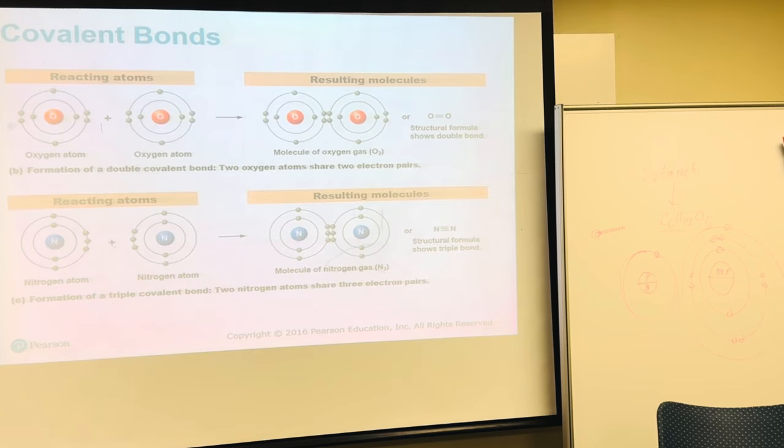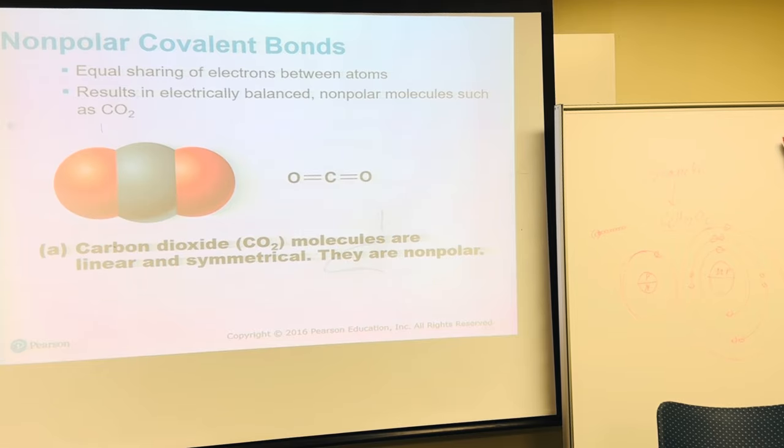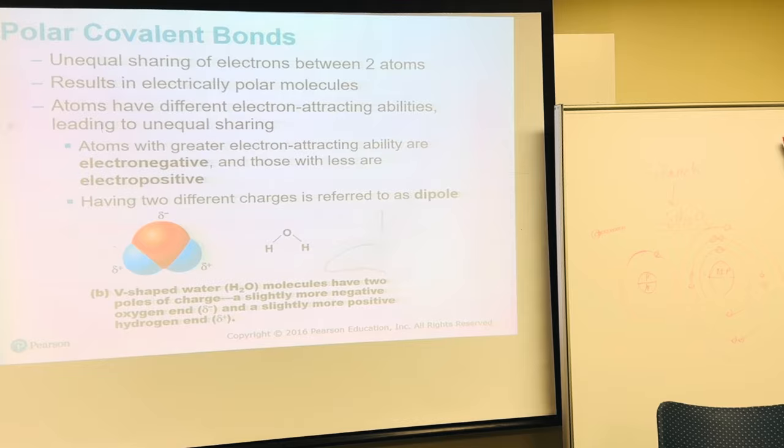However, if you think about these, oxygen and oxygen can also make a bond, that is also happy sharing. Nitrogen and nitrogen can also make bonds, that is also what? Happy sharing. This carbon dioxide is also happy sharing, they are equally sharing the what? Electrons. Okay, now let's talk about the polar covalent bond.